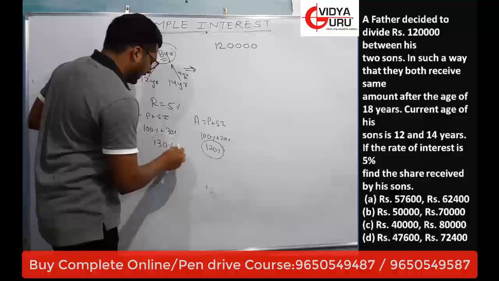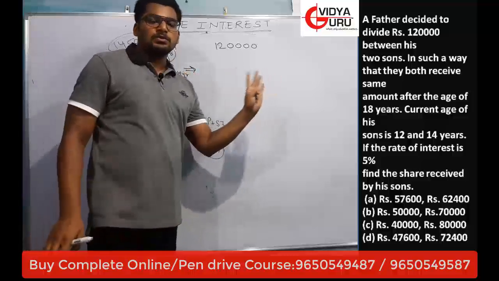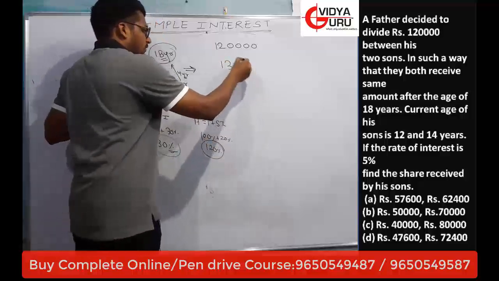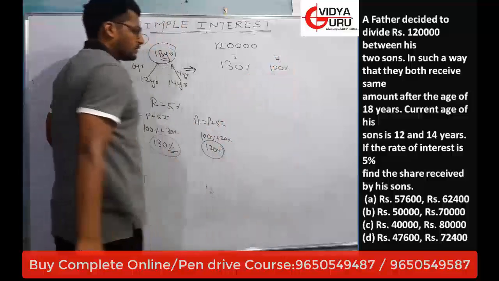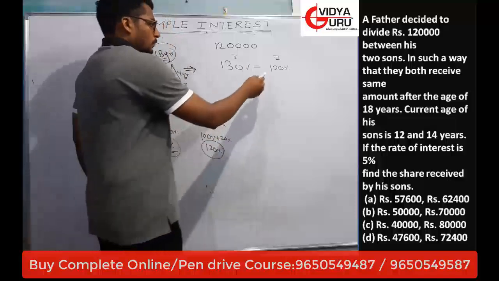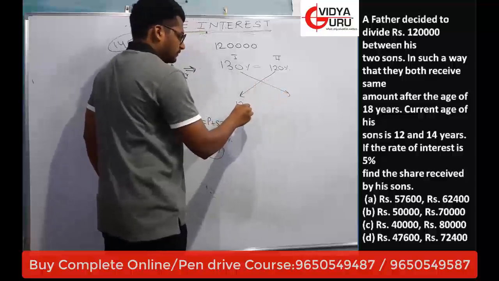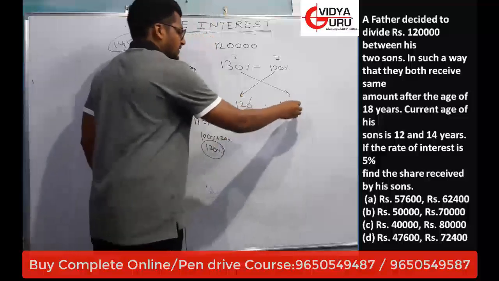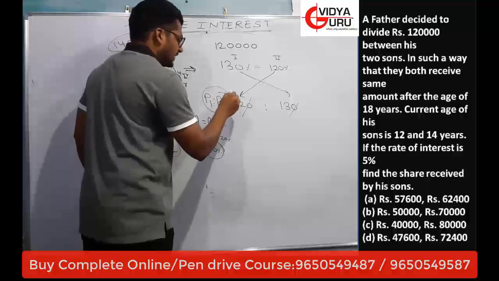I need to find out the principal that has been divided between these two sons. 130% is the amount of the first and 120% is the amount of the second. Whenever the amount is given equal, we just need to reverse the ratio, and this ratio will be of the principal. Why will this ratio be of the principal?